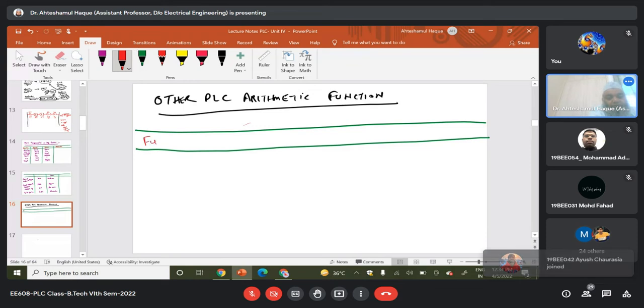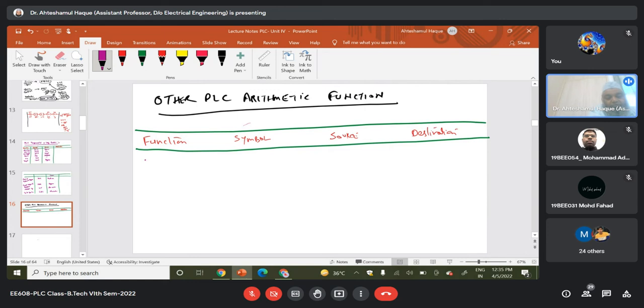I have function, symbol, source, then I have destination.